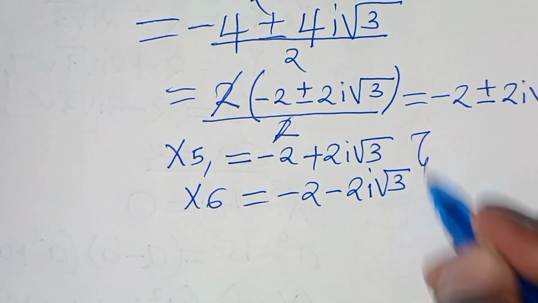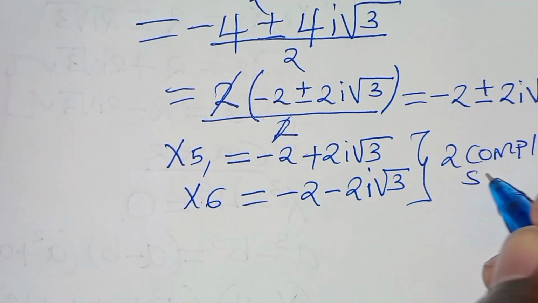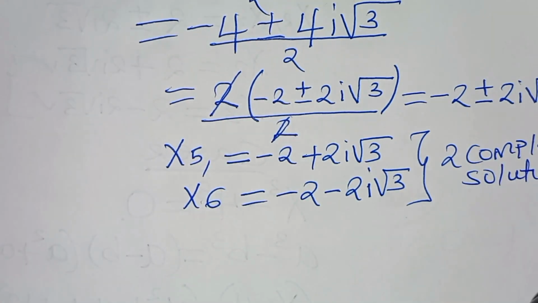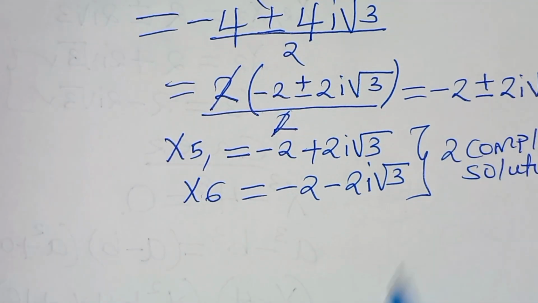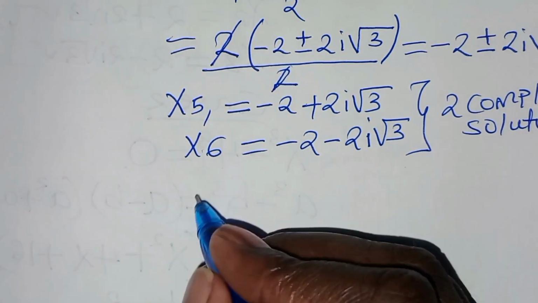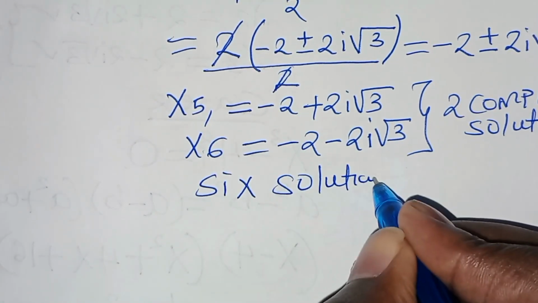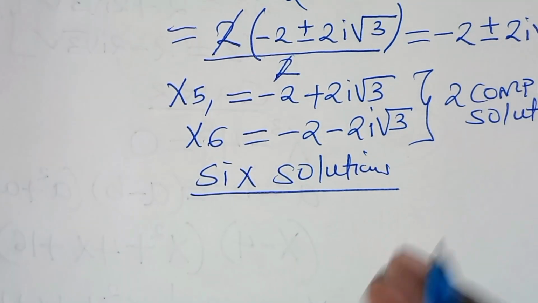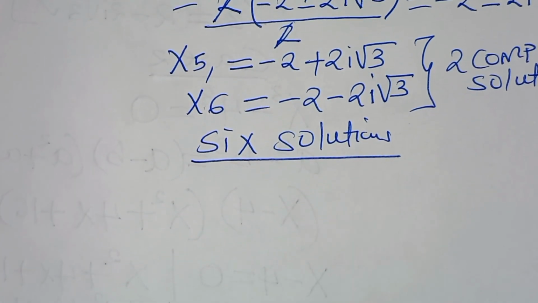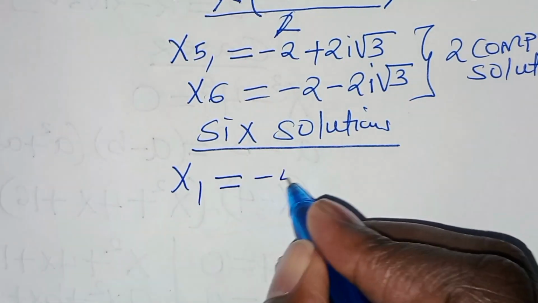Now these are two complex solutions under case 2. So this implies that we have 6 solutions to this exponential problem, given that x1 is equal to minus 4.